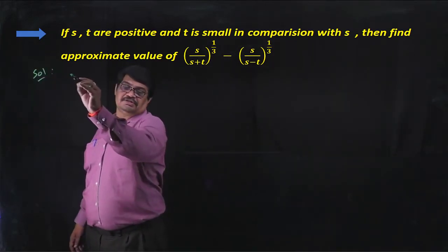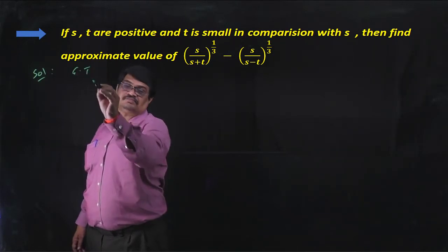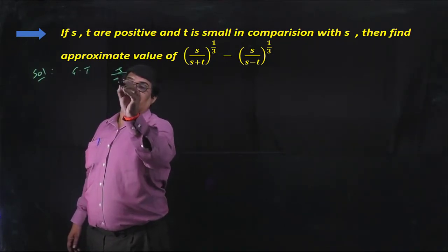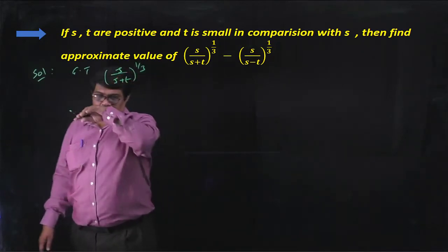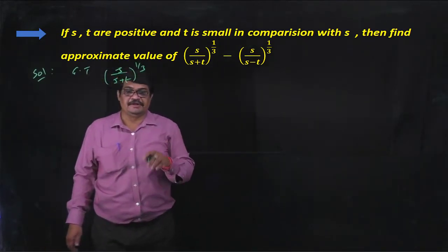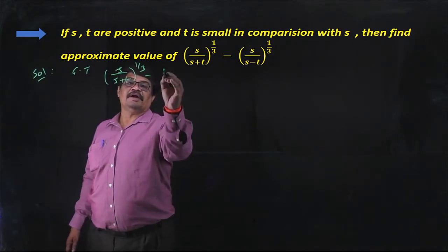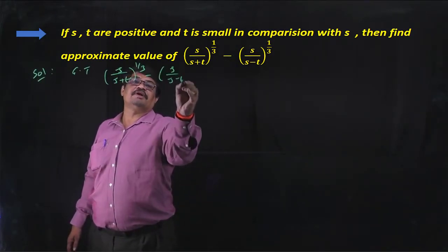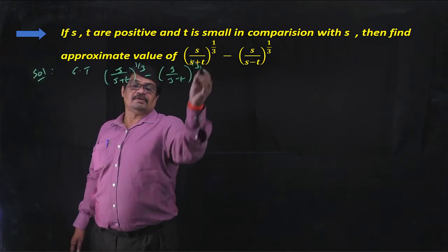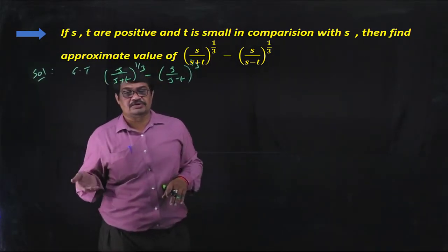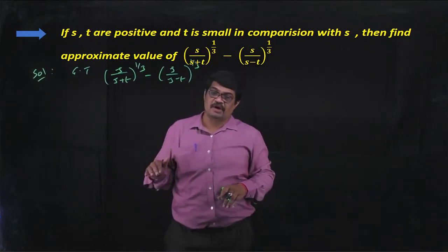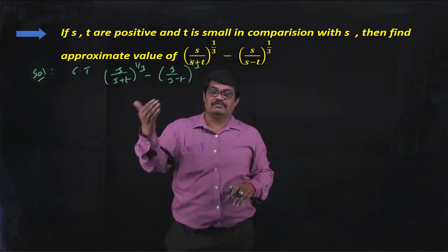What is given here: (s by s plus t) whole power 1 by 3 minus (s by s minus t) whole power 1 by 3. So this is the expression. Here s and t are positive and t is very small compared with s.